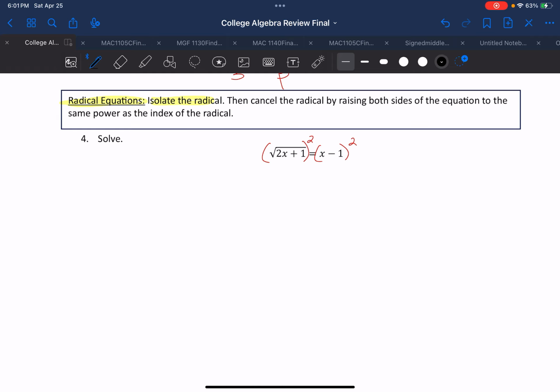So that will cancel my radical on the left, and that'll just leave me with what's underneath the radical, which is 2x plus 1. And then on the right, I will need to FOIL this out, x minus 1 times x minus 1, since it's x minus 1 squared.